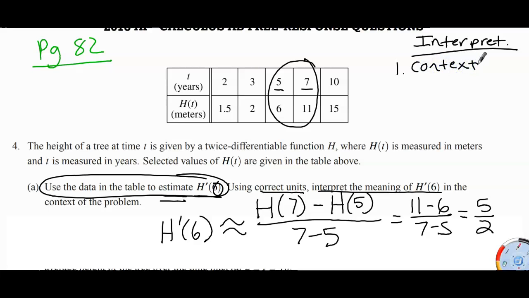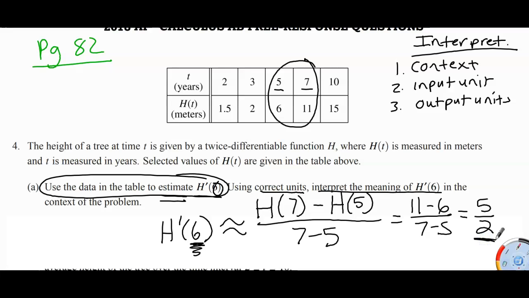So we need to be talking about the height of a tree and whatnot. We also need to address the input units. In other words, what are the units of the number that we are plugging in here? And also we need to address the output units, which is what this is over here. So what are the units of our final answer?